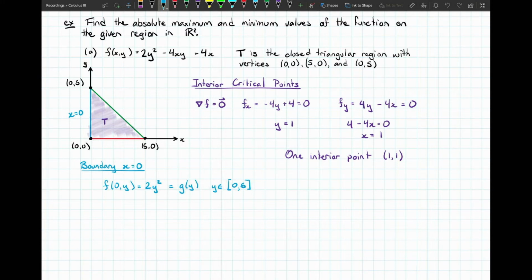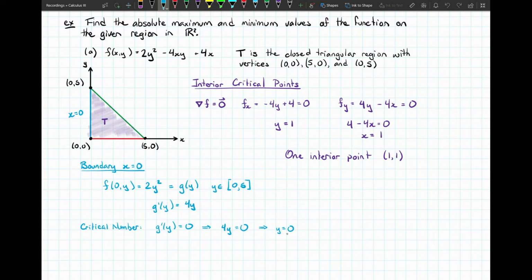And with the extreme value theorem on a closed interval for a single variable continuous function, we look for critical numbers. In this case, we're looking for where the derivative, g prime of y, which is 4y, equals 0. By solving g prime of y equals 0, we end up with the equation 4y equals 0, and that gives us one critical number, y equals 0.